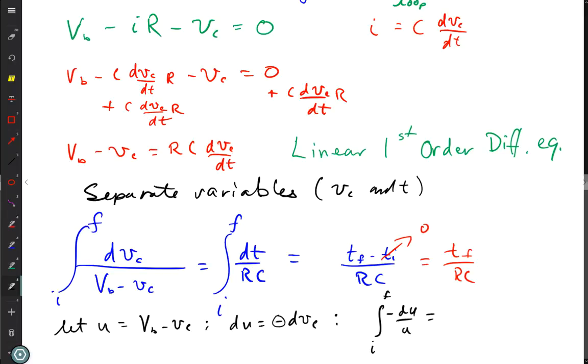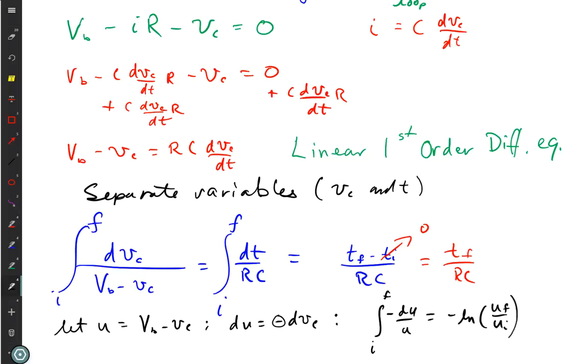But if you do the integral of du over u, what do you get? Natural log. Don't forget the minus sign, so we have minus natural log of u, and being real clear, putting in the limits, u final over u initial.